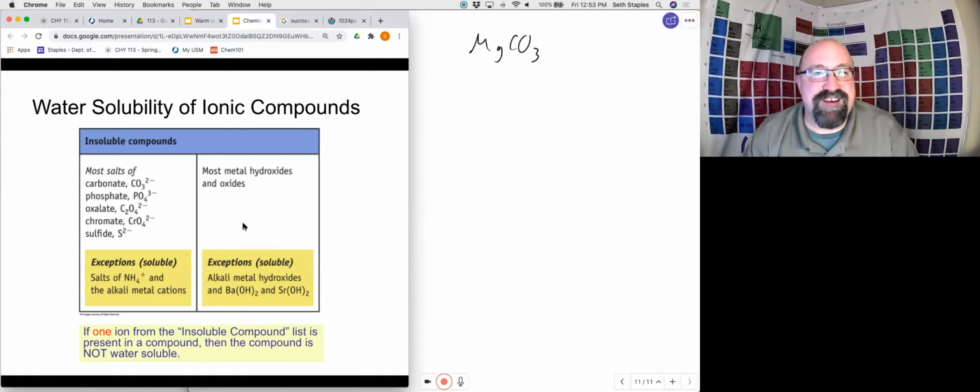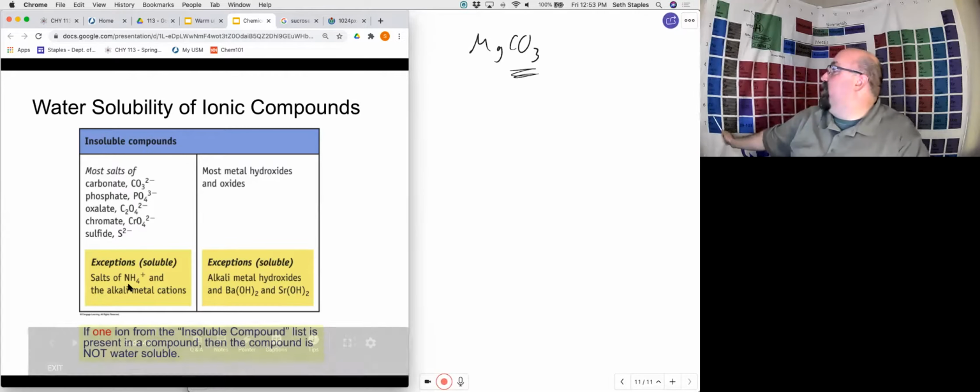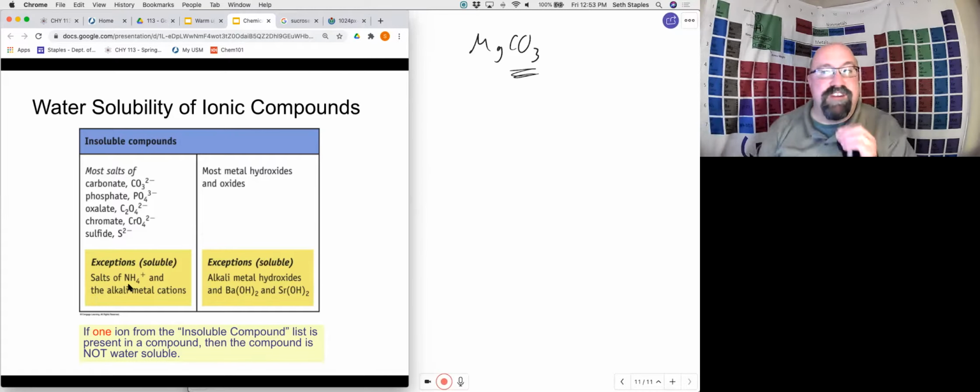MgCO3. I've got magnesium carbonate, and I want to see if that's soluble or not. So I recognize first that I have carbonate, and I see that most salts of carbonate are insoluble. Most of these will not dissolve in water, except if my cation is NH4 plus or any of the alkali metals, then that's an exception that would be soluble.